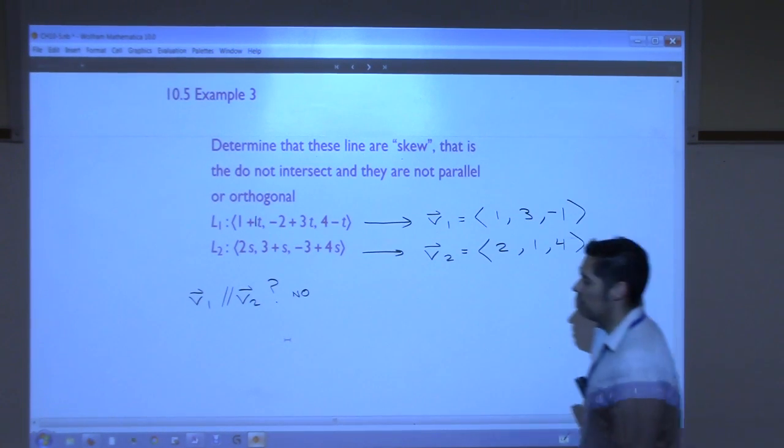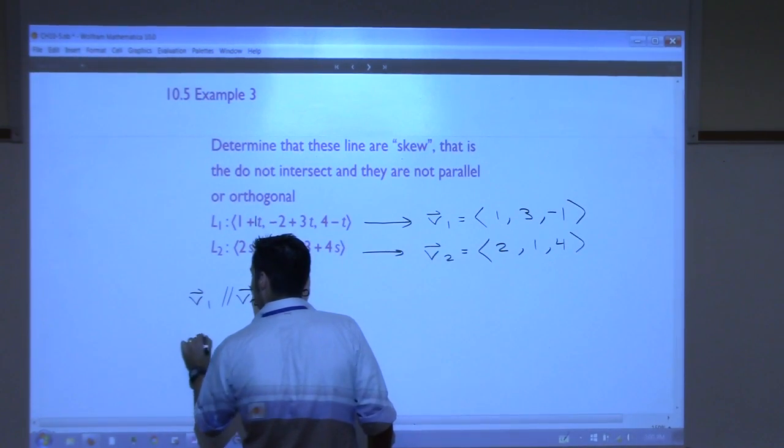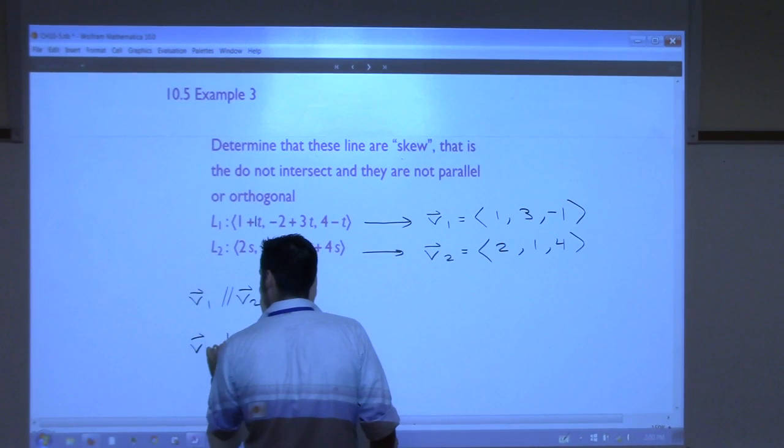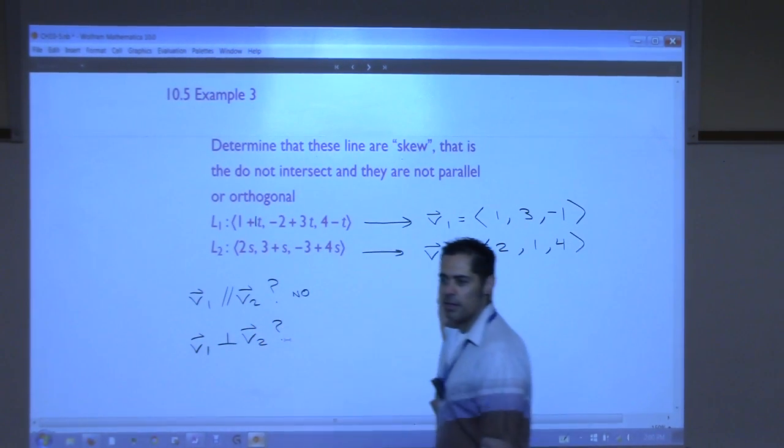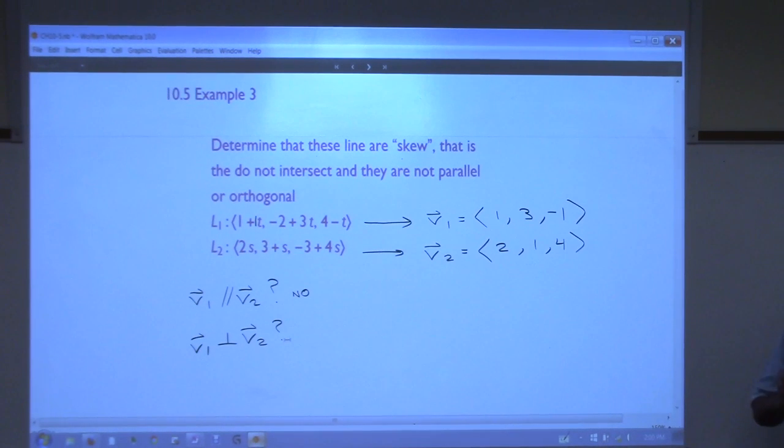What about perpendicular? V1, perpendicular. So hold your horses for a second because I'm going to call on somebody now. There are some people I don't know. We'll start in the back there. Kieran? Who's that gentleman next to you? Have you met him before? No? What's your name? Jaime.